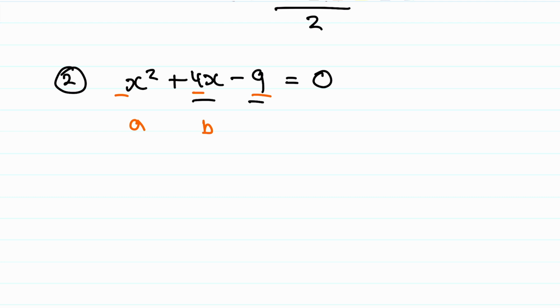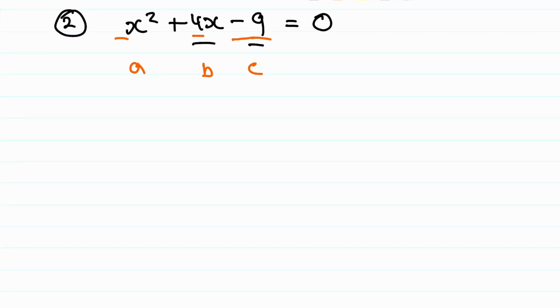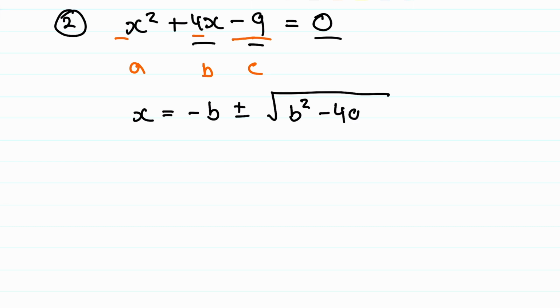And this constant we have at the end, well, including the negative, that's what we're going to call c. So if we have our quadratic in the form of this equaling 0, then x would equal minus b plus or minus the square root of b squared minus 4ac all over 2a.